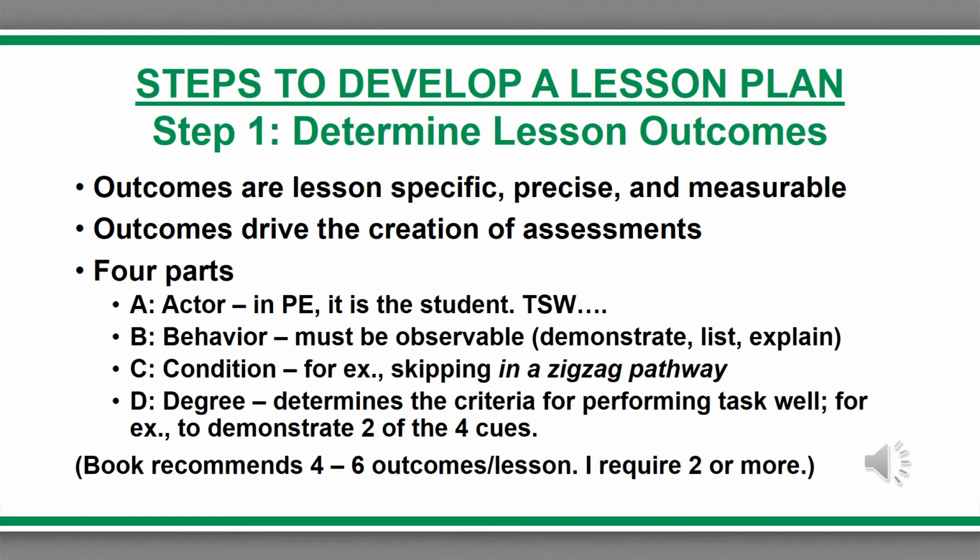We're going to discuss these 4 parts in this chapter. I do not require 4 outcomes or objectives per lesson. I require a minimum of 2. And these objectives, these outcomes, are geared around the content standards, benchmarks, GLEs that you have to cover throughout the year at least once.